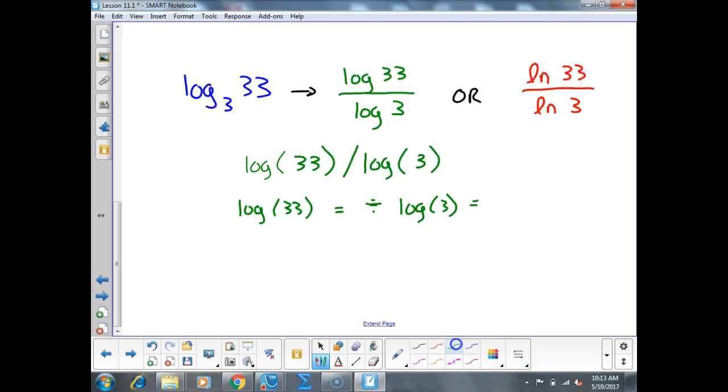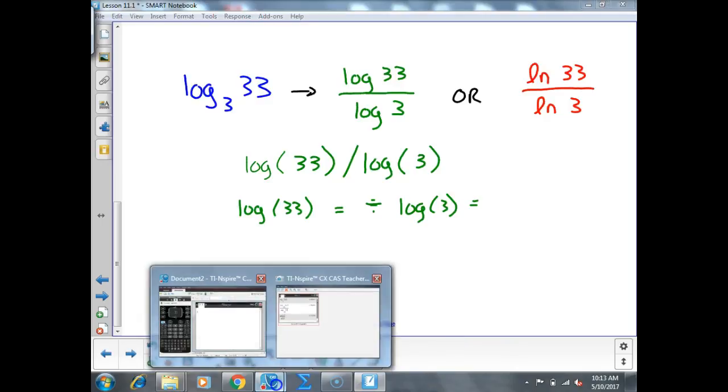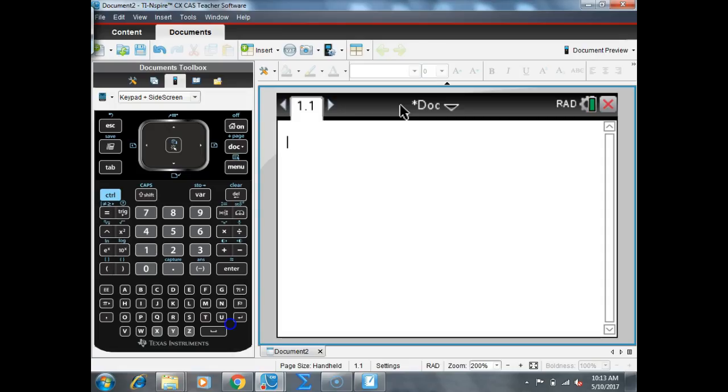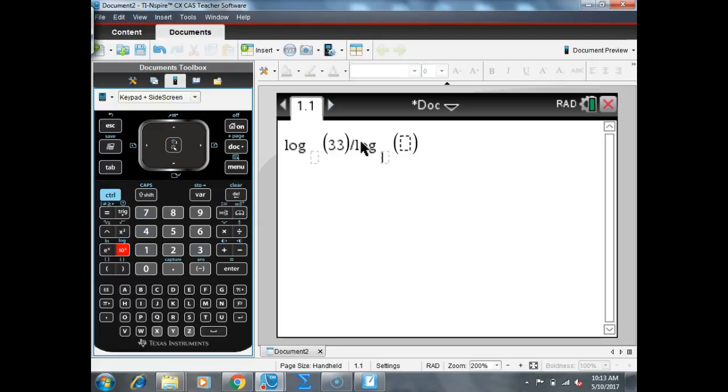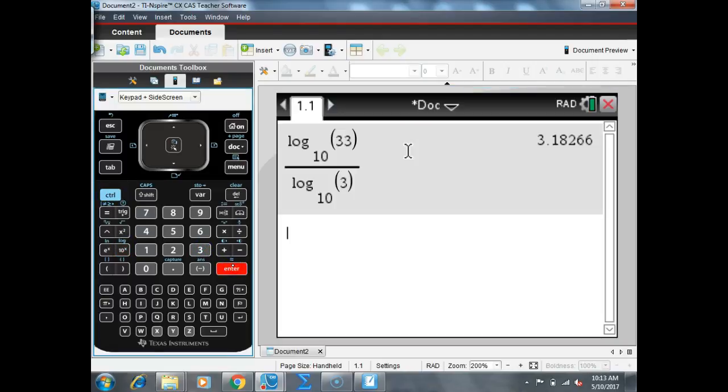Either way, whether you can see what you type in or you can't, you would go log of 33 divided by log of 3, and you get that.